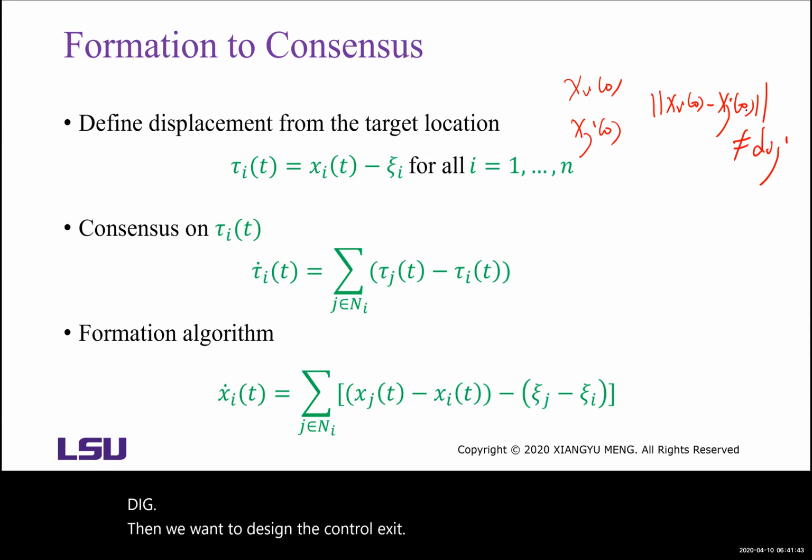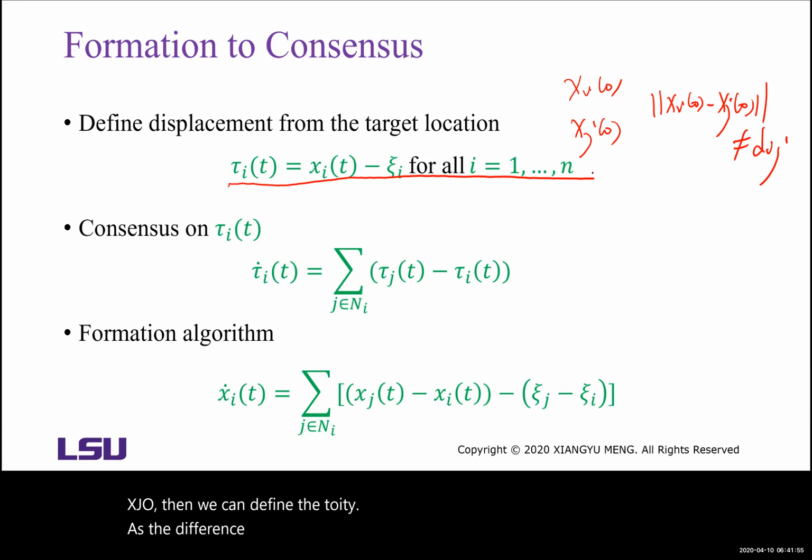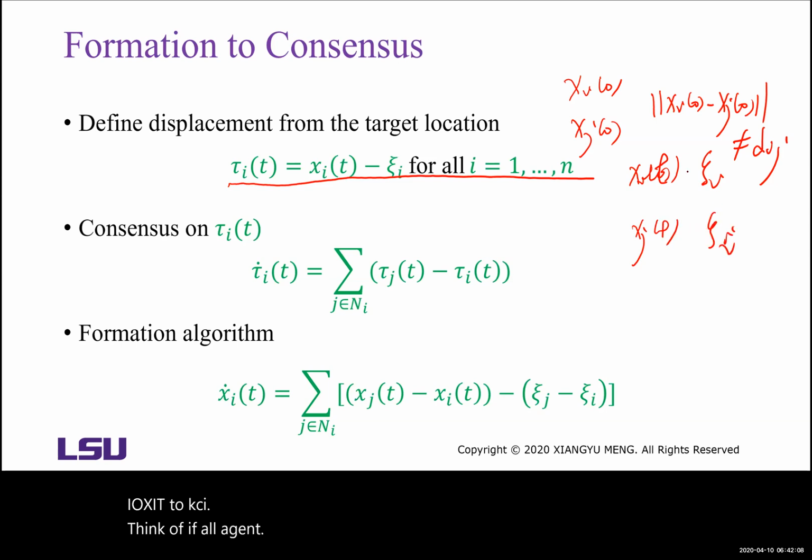If xi(0) is not equal to xj(0), then we can define tau i(t) as the difference between xi(t) and ci. You can think of it as: if all agents have the same displacement to this feasible realization, then the formation is achieved.